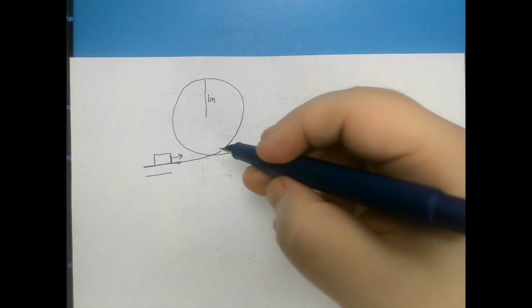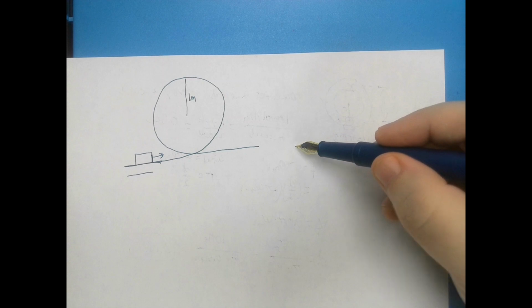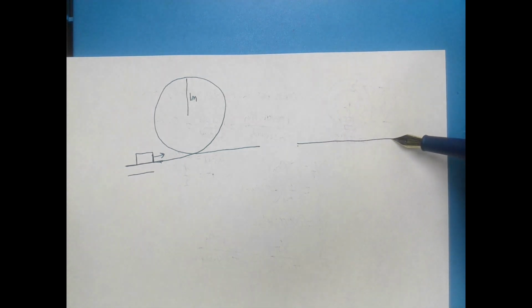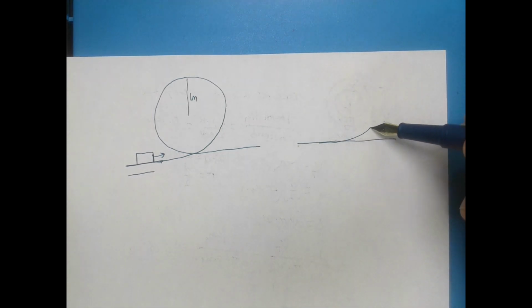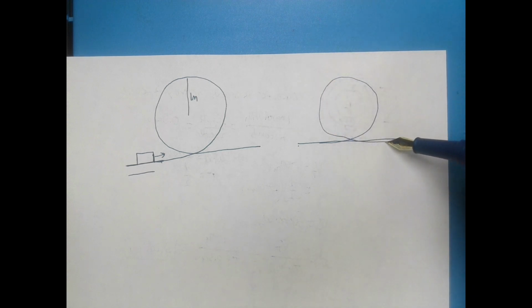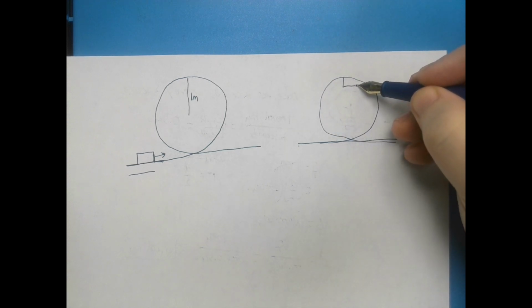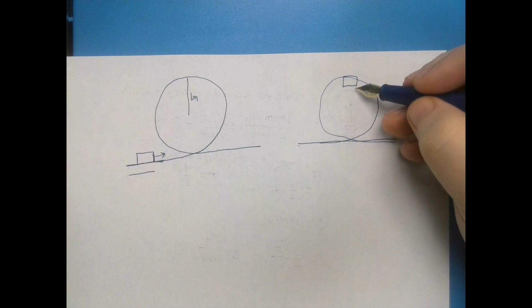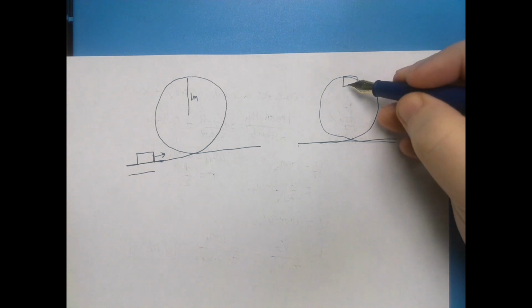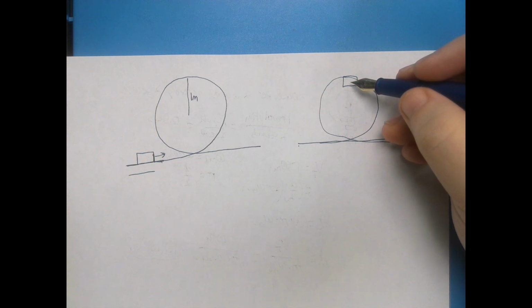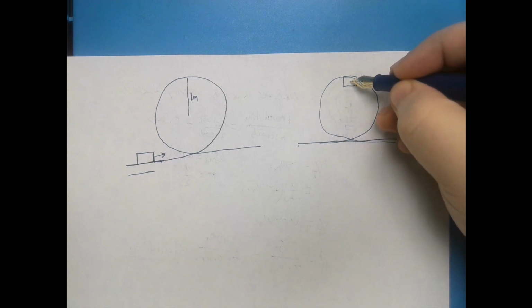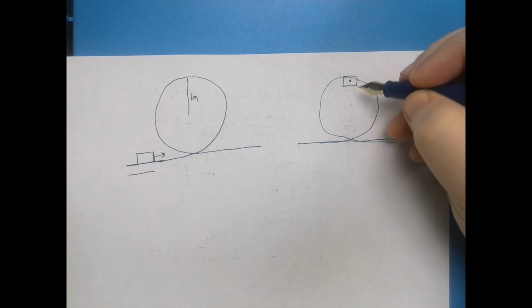So let's look at what happens when the car is at the very top. And let's look at it in a rotating frame of reference. So let's put ourselves inside the car.